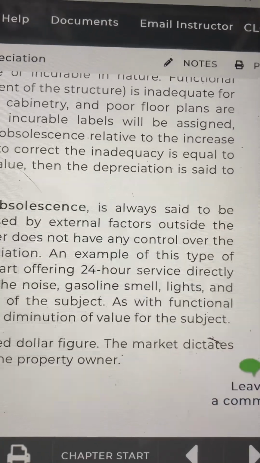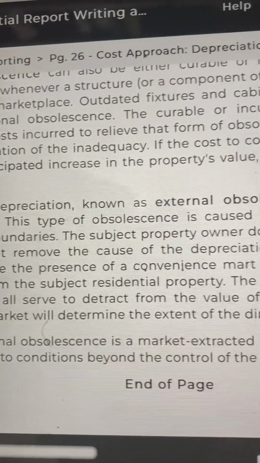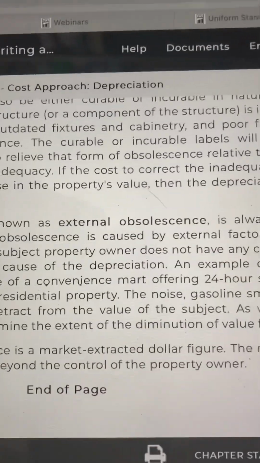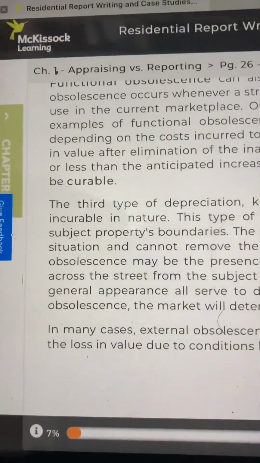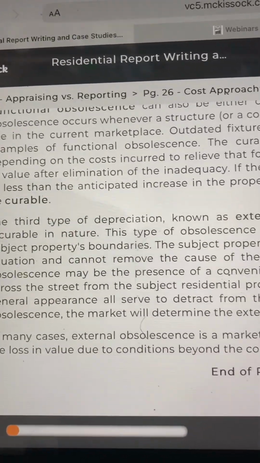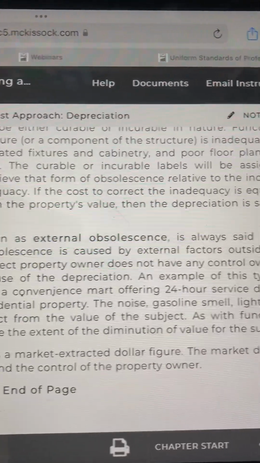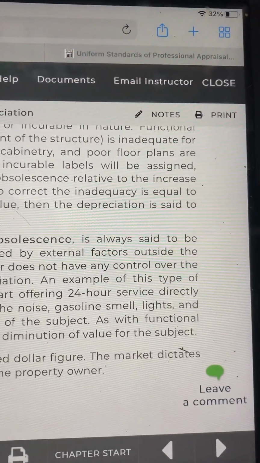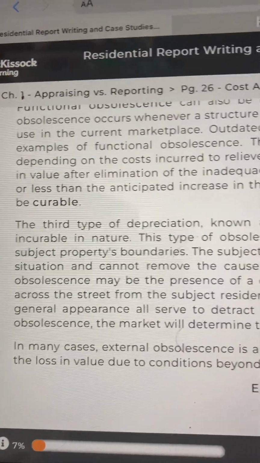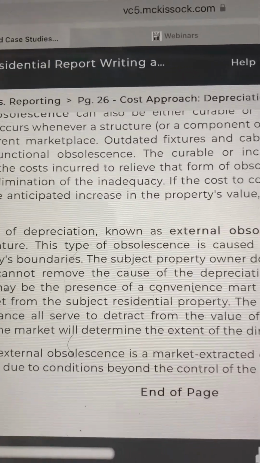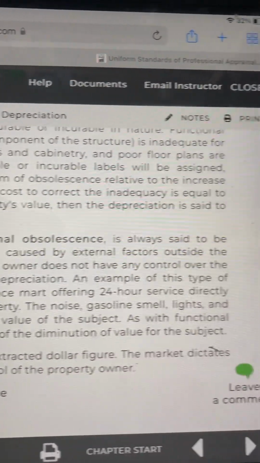An example of this type of obsolescence may be the presence of a convenience mart offering 24-hour service directly across the street from the subject residential property. The noise, gasoline smell, lights, and general appearance all serve to detract from the value of the subject.